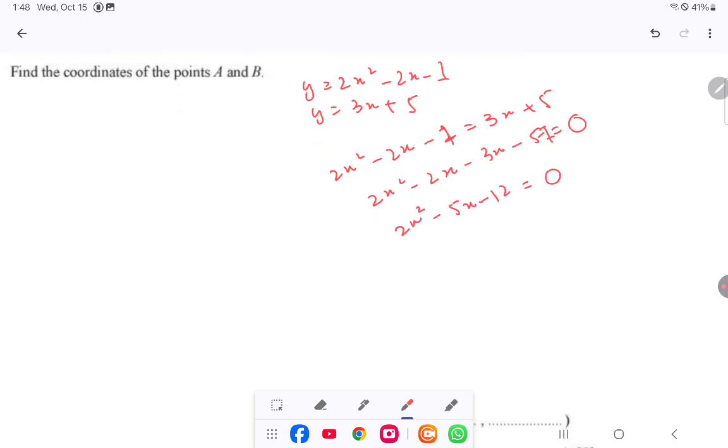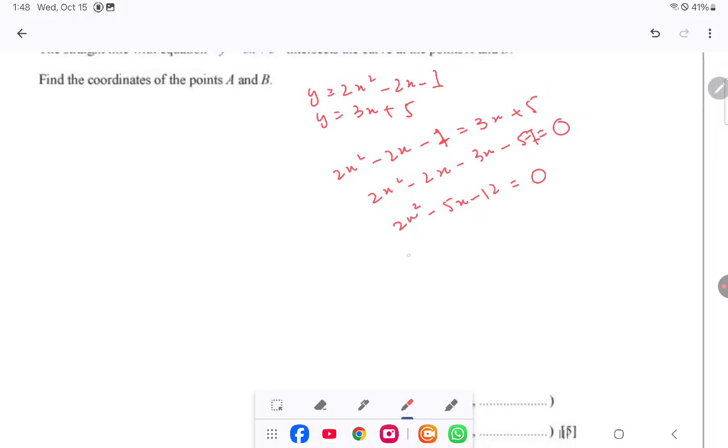Middle term break. So we need two numbers that multiply to get 24, and by adding or subtracting will give negative 5.